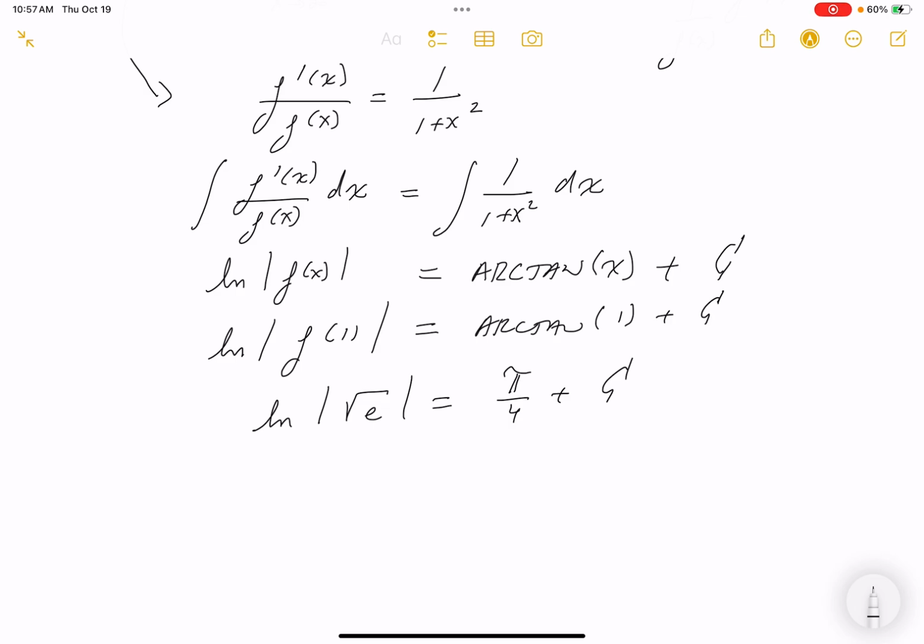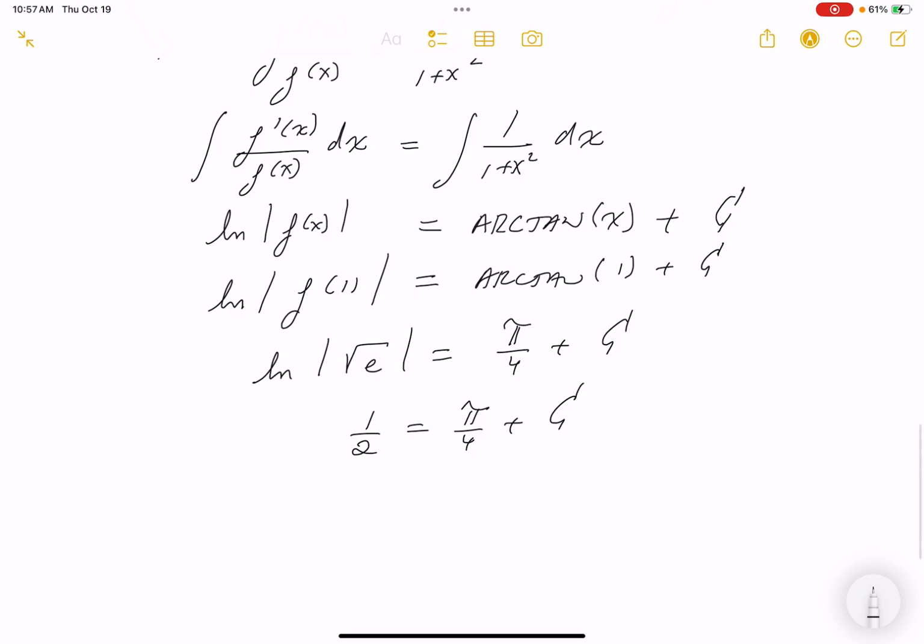We'll get to that question. So what are you going to get over here? It's going to be the natural log of e to the half power, so it's going to just be a half. And it's going to be pi over 4 plus c. All right? So what do you have here? I know what c is. Right? What's c going to be? 1/2 minus pi over 4 is equal to c.